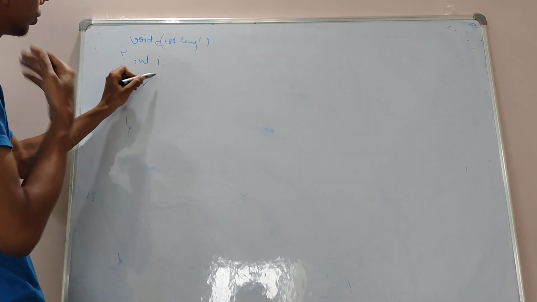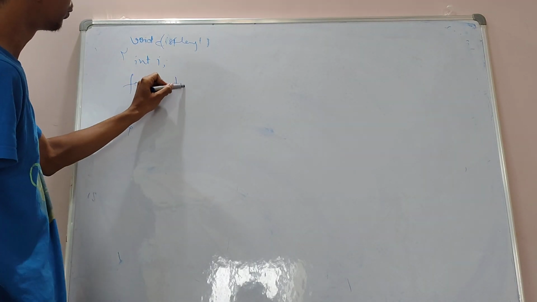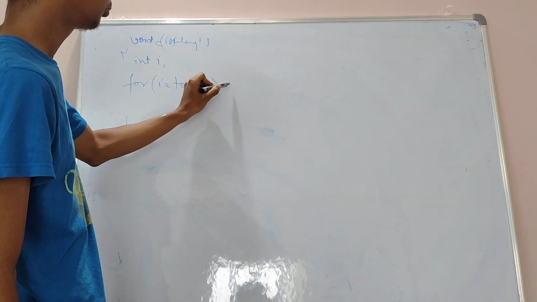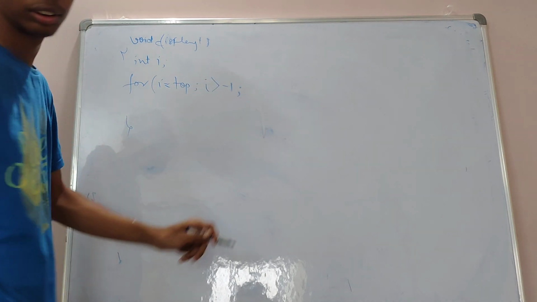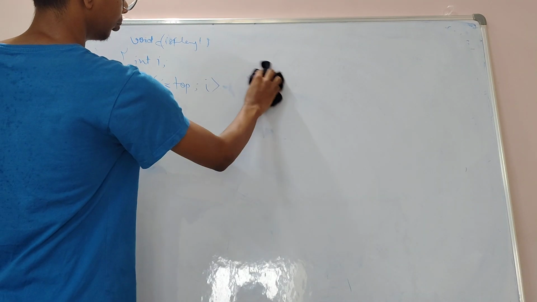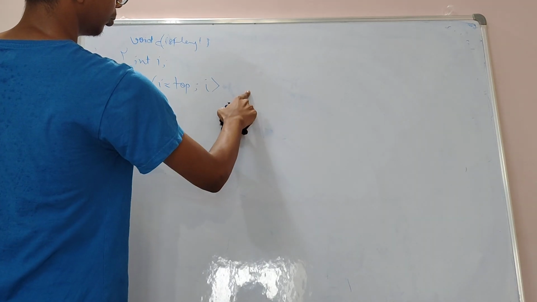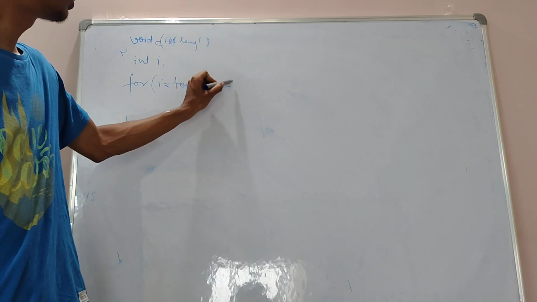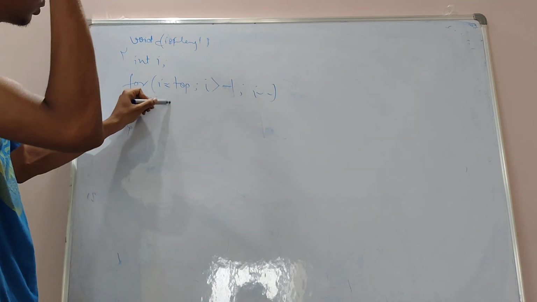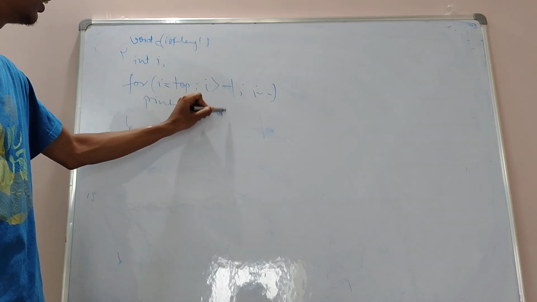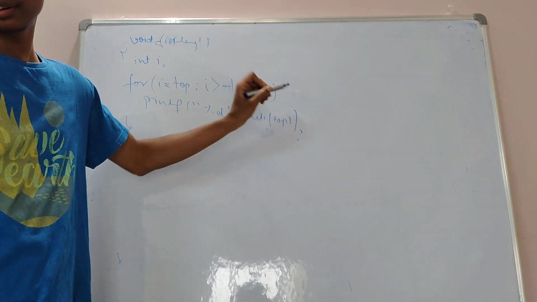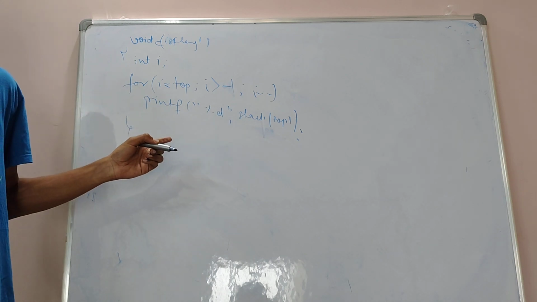I will run a loop, i is equal to top, i greater than -1, and then i--, and what I will print, printf %d stack[top]. This is what I will do.